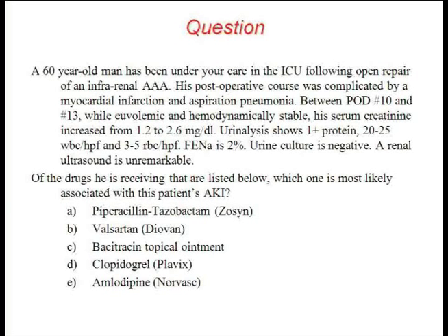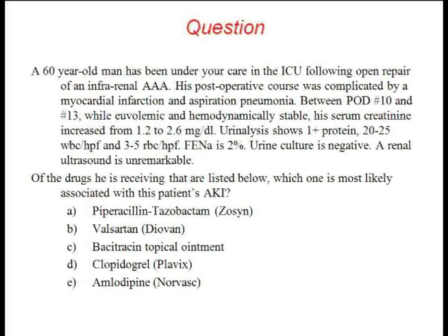So, a 60-year-old man under your care in the ICU following open repair of an infrarenal AAA. His postoperative course was complicated by an MI and aspiration pneumonia. Between postoperative day 10 and 13, while he was euvolemic and hemodynamically stable, his creatinine goes up from 1.2 to 2.6.